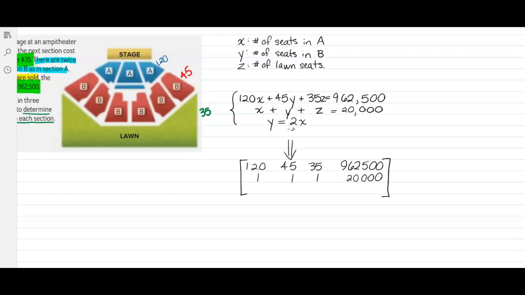I need to subtract 2x. So I have negative 2x, 1y, no z, because there's no mention of z in this equation, and it would equal 0 then when I move this over. In fact, I'll write it in parentheses here. This is negative 2x plus y equals 0. That's another way of writing this same equation.